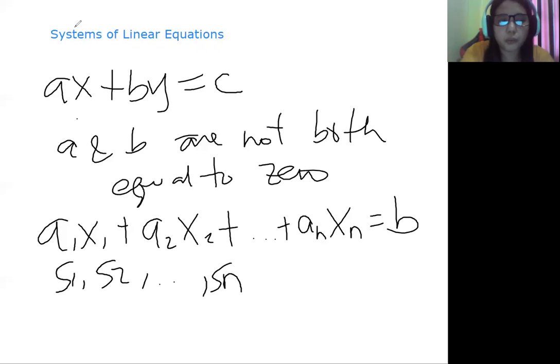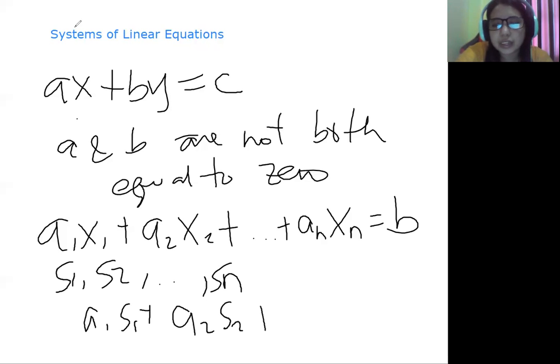These are called the solutions of the linear equation. So, for example, we have a sub 1 s sub 1 plus a sub 2 s sub 2 until a sub n s sub n is equal to b.